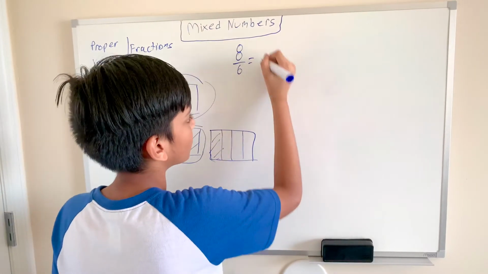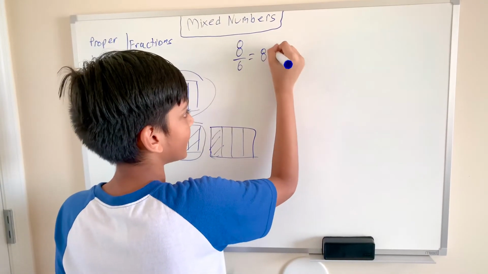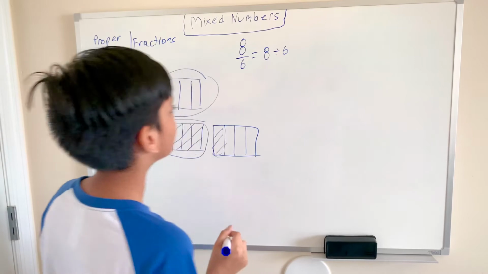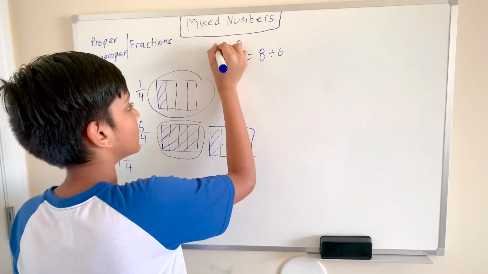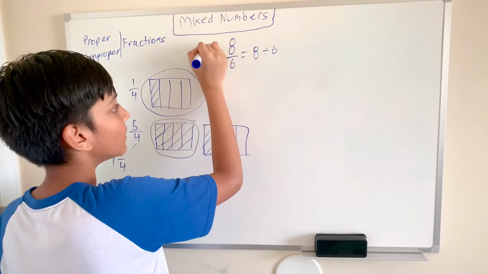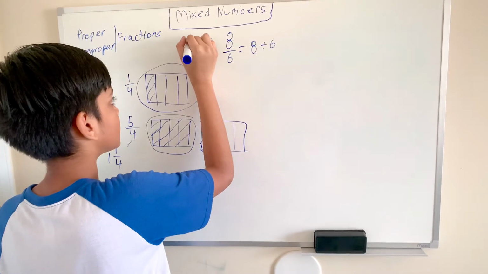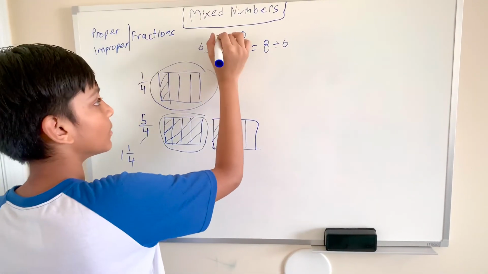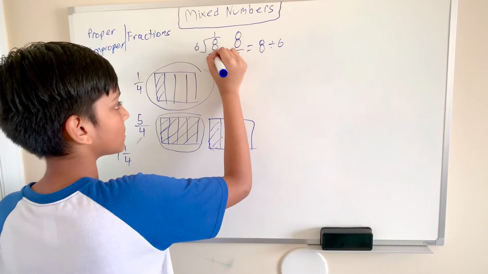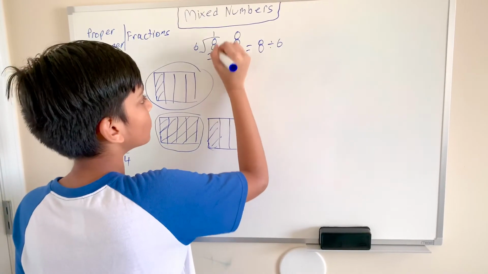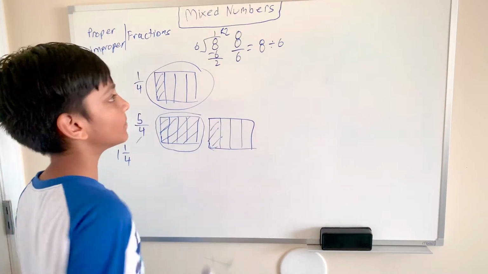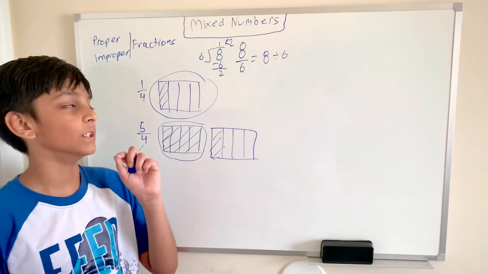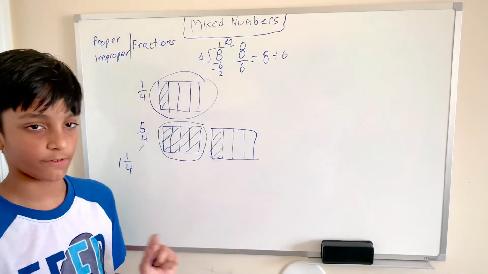So I'll draw an equal sign, and then that will equal 8 divided by 6, right? So let's draw our 8 here, and then division sign 6, and then 6 can go into 8 one time, 6, subtraction, 2, remainder 2. So our answer is 1 remainder 2 for the division problem.